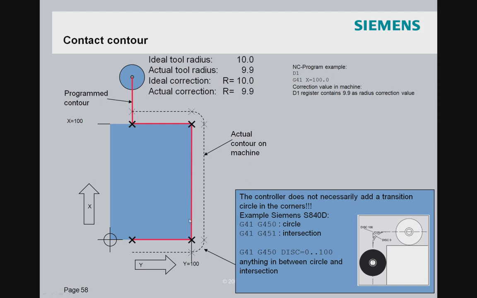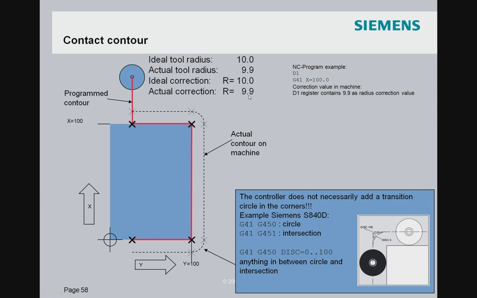If you want to use radius compensation of the tool, the tooltip path that the machine tool actually produces is offset, in this case left of the contour, by the controller by the actual radius of the tool.